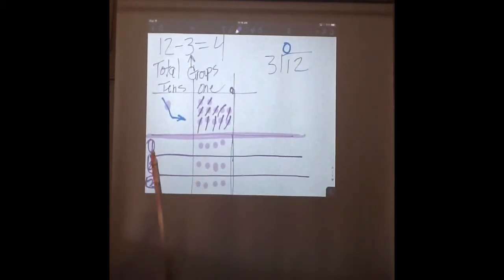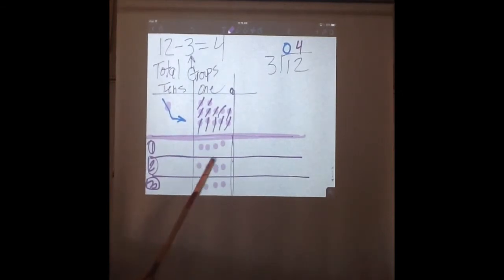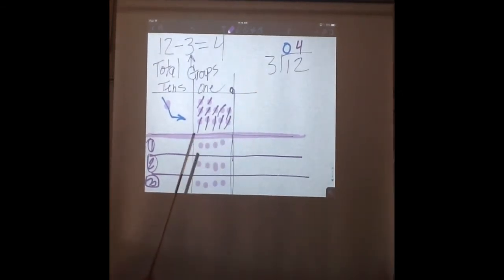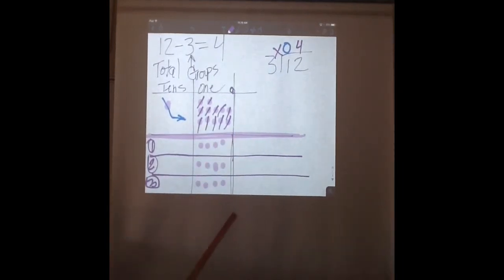4. Does anybody recall what the answer is in a division problem? It's called a quotient. So, I have my 4 up here now. That's why I have 4 here. 3 times 4 is what? 12. I could put that here. I could subtract it out.